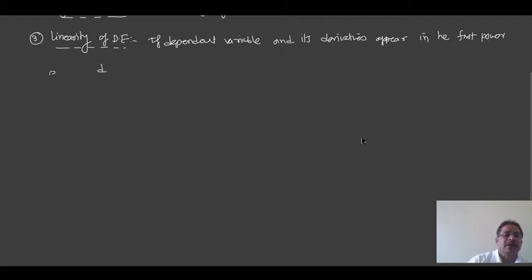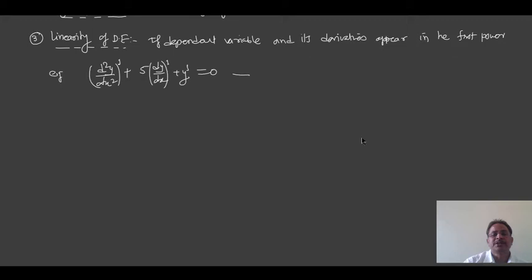For example, d square y upon dx square plus 5 times dy by dx plus y is equal to 0. Remember, here the power is 1, here also the power is 1, and the power of y is also 1. So this is a linear differential equation.